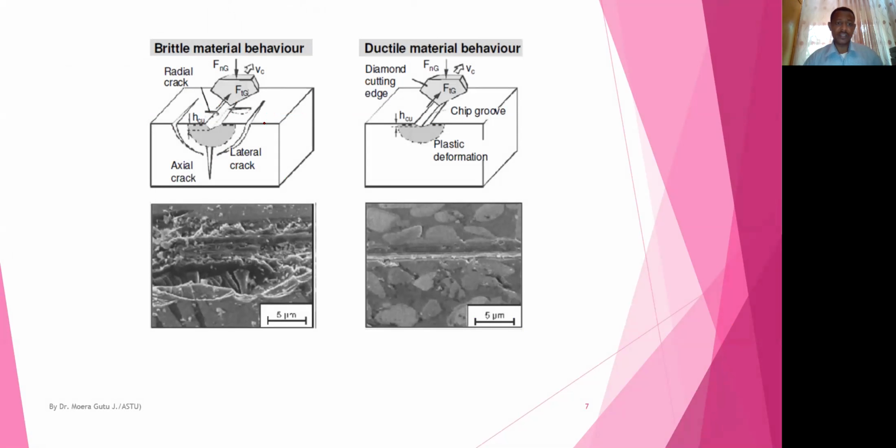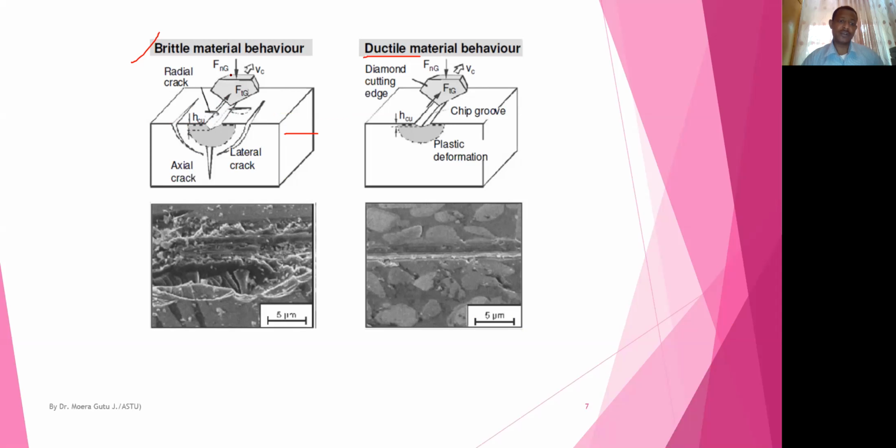Here I will show the difference between machining brittle materials and ductile materials. When the cutting load is applied, this is the cutting tool and this is the workpiece material. This is the uncut chip thickness, or the depth of cut.